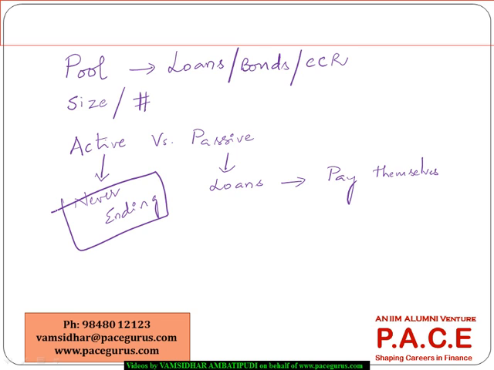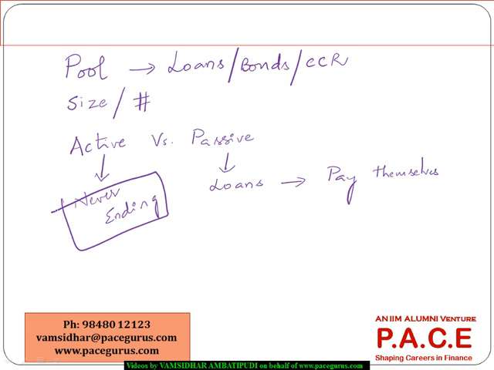The pool can mature at a later date or much earlier, because we are talking about adding assets to the pool or selling off assets from the pool. So the pool gets more and more actively managed, especially with credit card receivables.